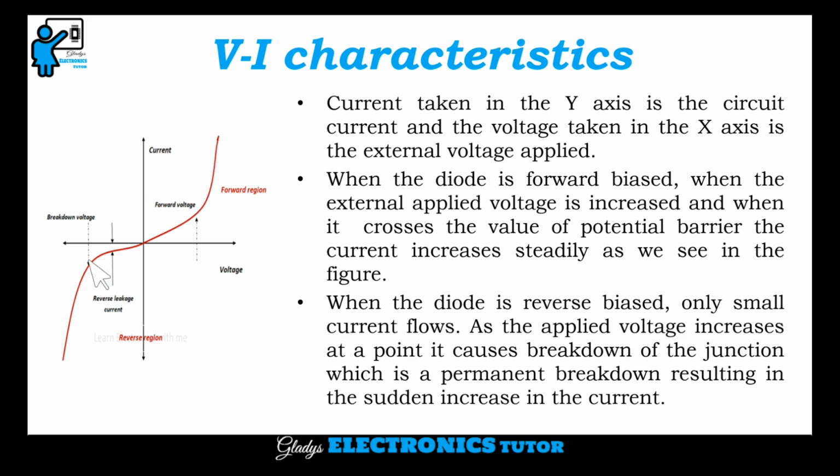When the diode is reverse biased, only a small current flows at first. As the applied voltage increases, at a point it causes breakdown here. This is the breakdown voltage at the junction, which is a permanent breakdown resulting in a sudden increase in the current.